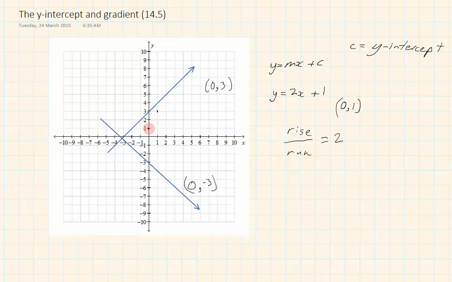So from (0, 1) to (1, 3), our rise is 2, but our run from 0 to 1 is just 1 unit, okay? So you can put those in if you like. So 3 take 1 and 1 take 0, which would also equal 2.